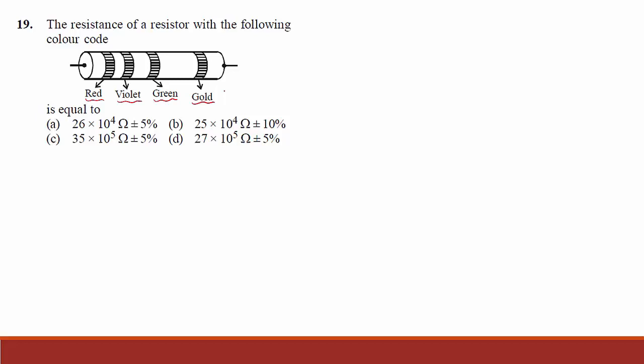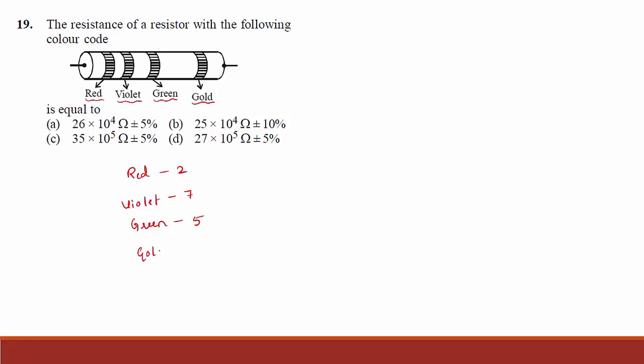Black is 0, brown is 1, so for red it is 2. Violet means 7. And then for green, the digit is 5.